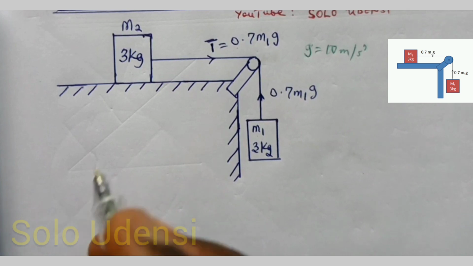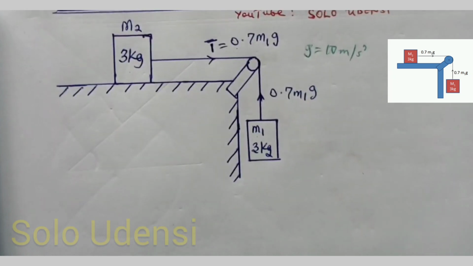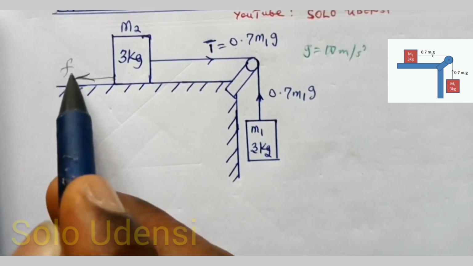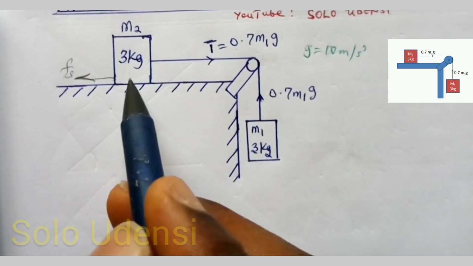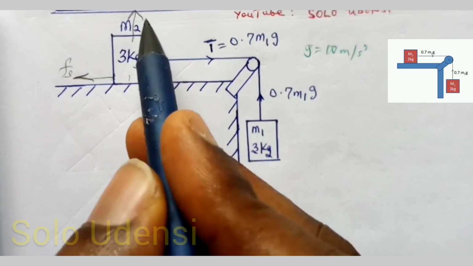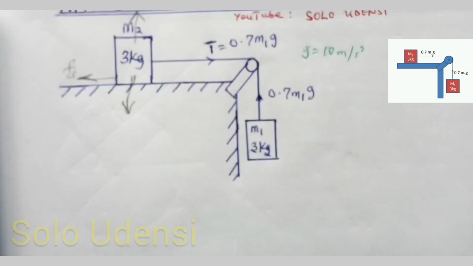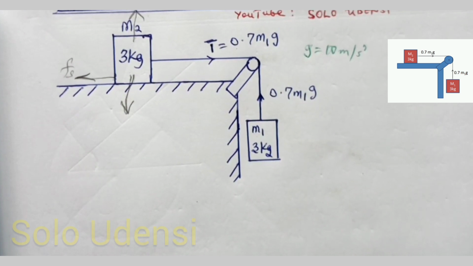Let us make the free body diagram. So from here, you find out that there is a force going to the left, a reaction force pointing upwards, and the weight pointing downwards. So let us put them.